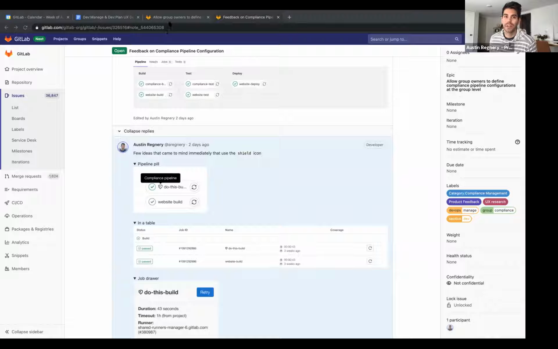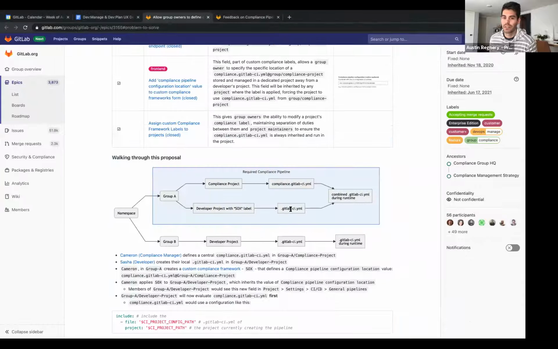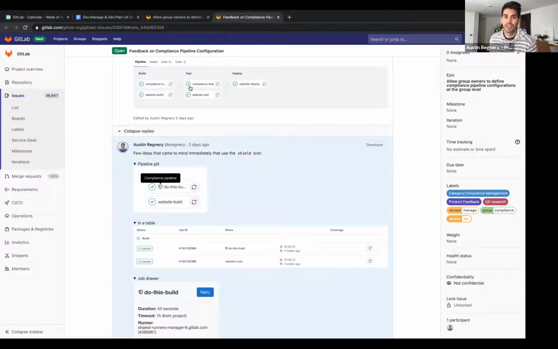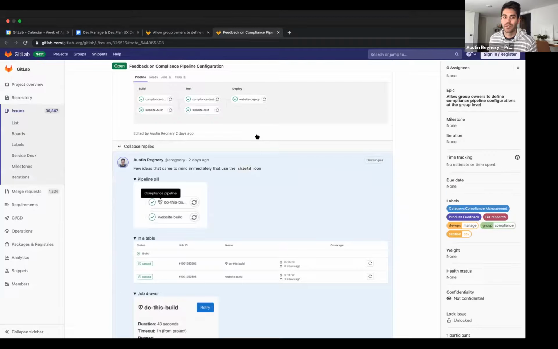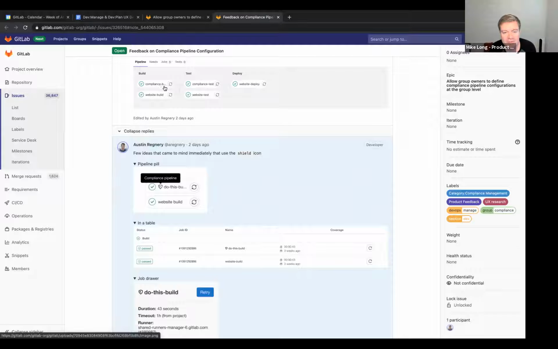Because if they go to their project's GitLab CI YAML that they have access to, they can see all the jobs defined in there, but those jobs won't be listed in there. The other ones are listed in a different project in this special CI file, and then they get merged together. So they might not understand why these things are in the pipeline.